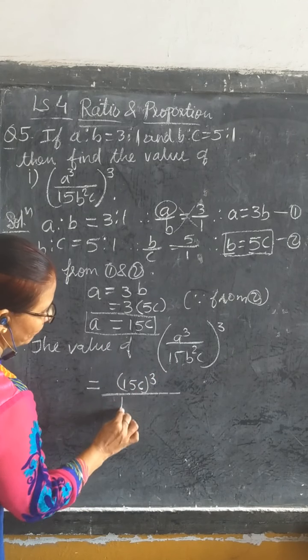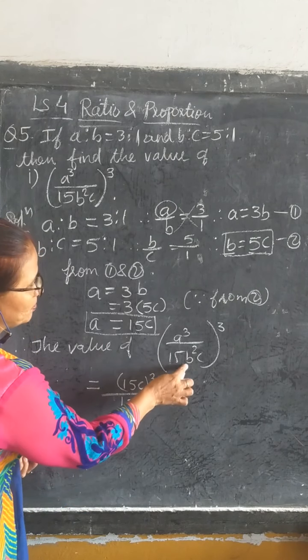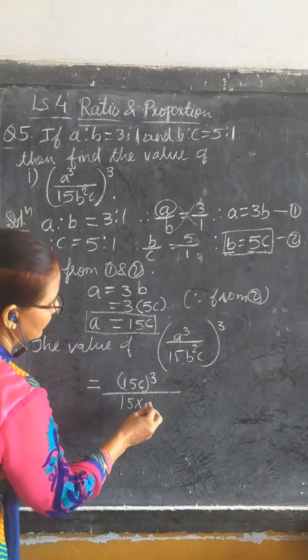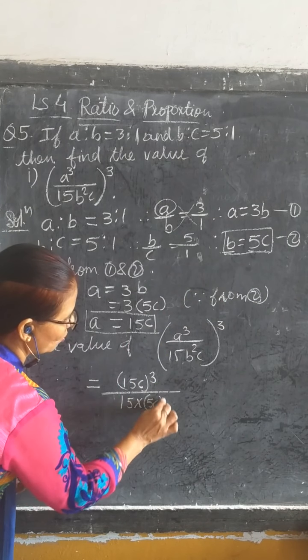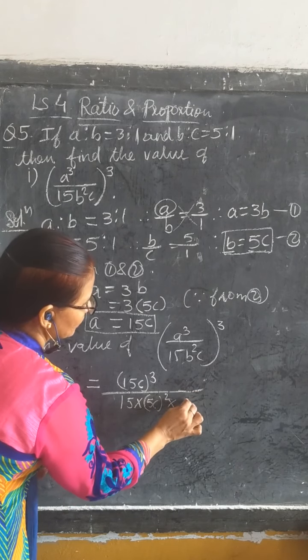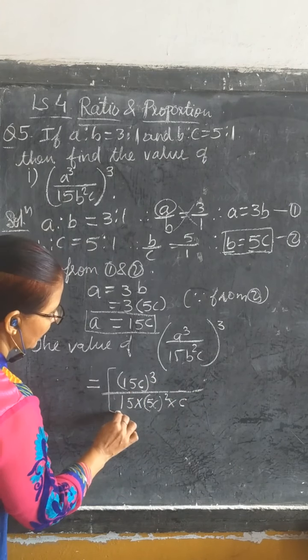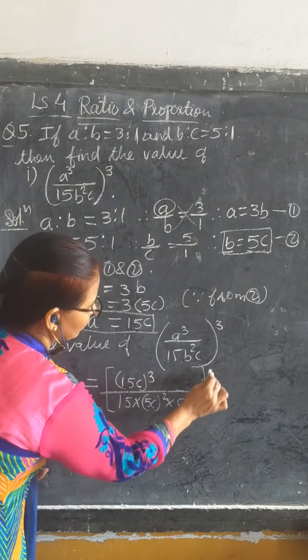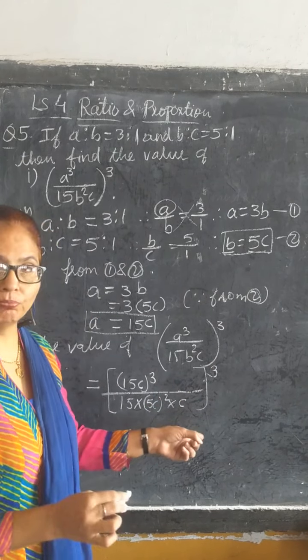By 15 into B square. What is the value of B? That is 5C whole square into C. Now this C will remain as it is, and again you have its whole cube.